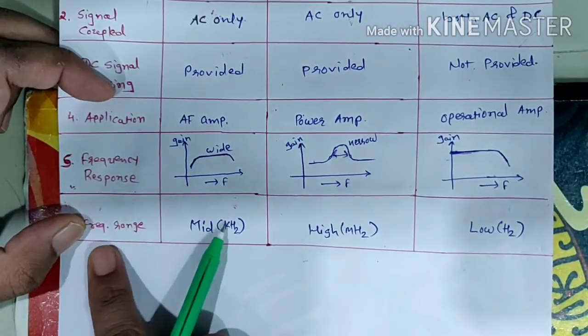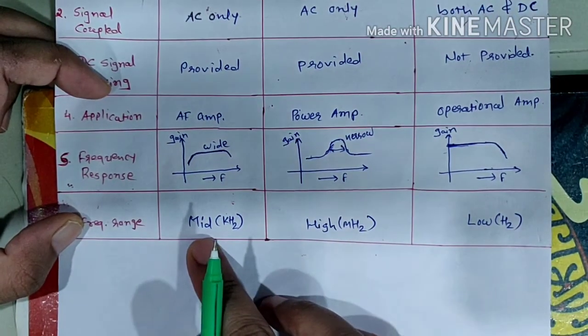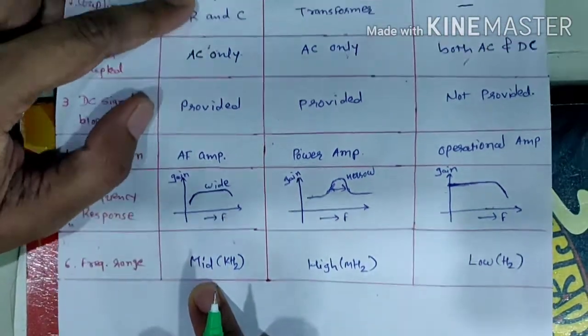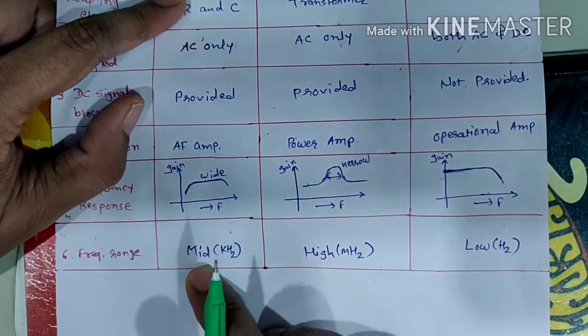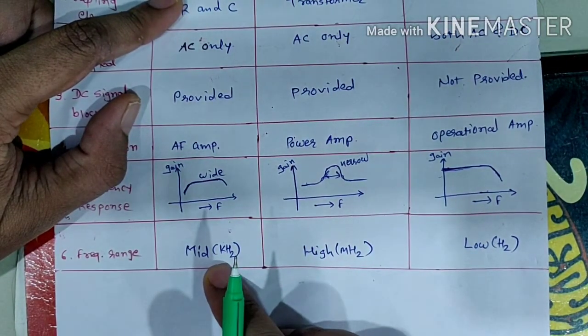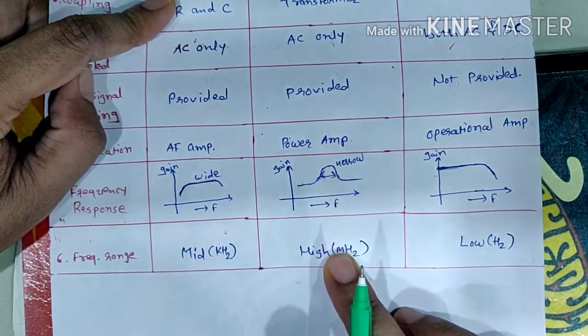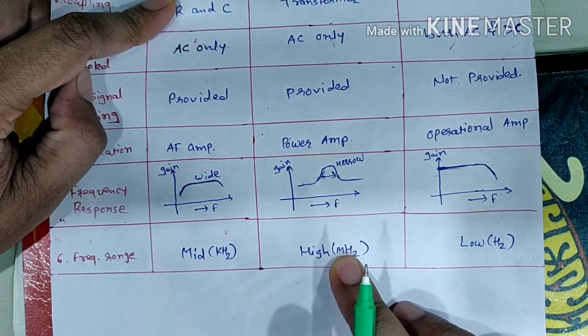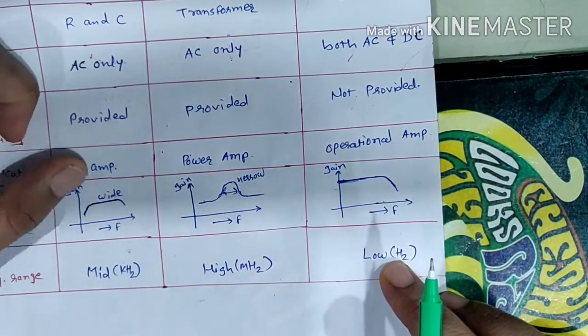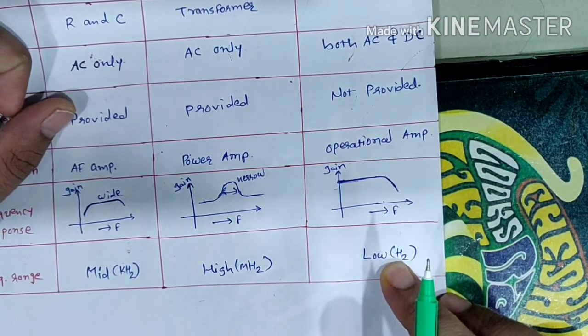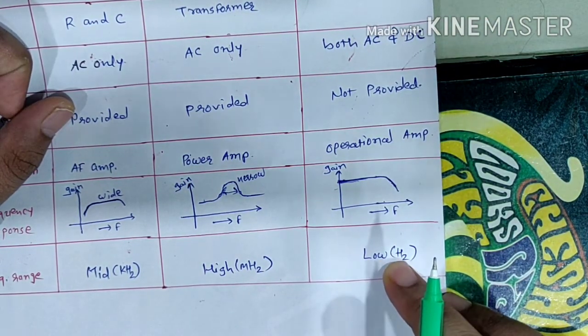Now the frequency range of use. RC coupling is used for the mid-range or kilohertz frequency range. Transformer coupling is used at high frequencies, and direct coupling is used at low frequencies, in terms of a few hertz.